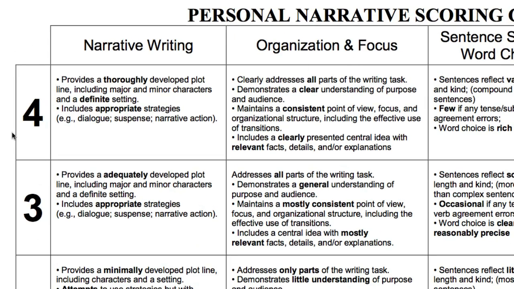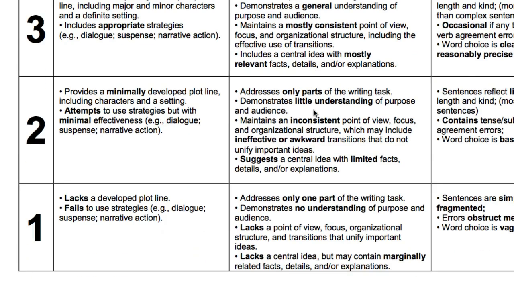If a student is doing an excellent job in the organization and focus of the specific writing assignment, all of the things that are listed here will be evident. If the student is doing a good job, then all of these things will be evident. If the student did a fair job, these things would be evident. And of course, poor is listed here.